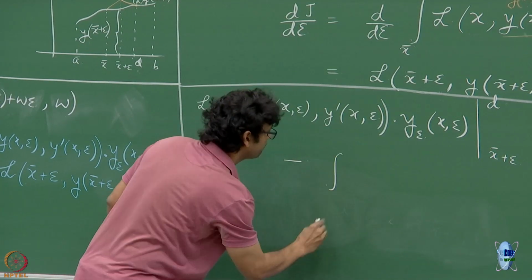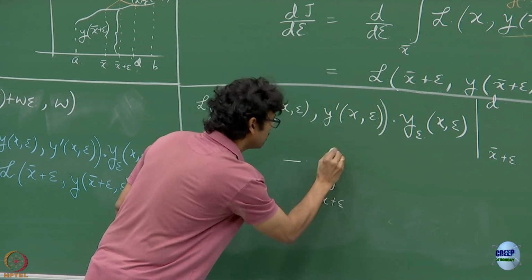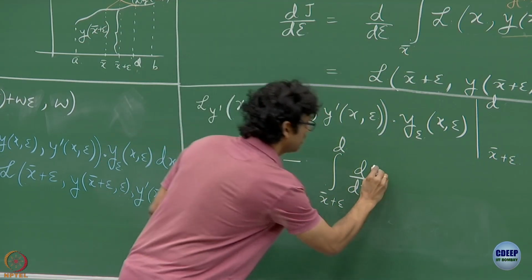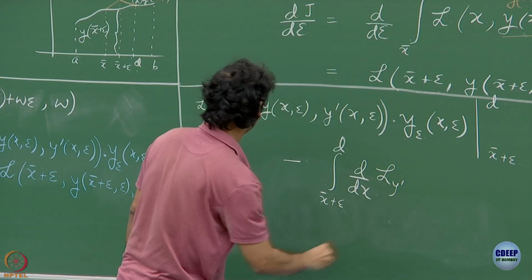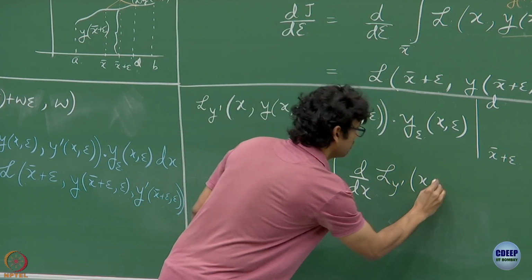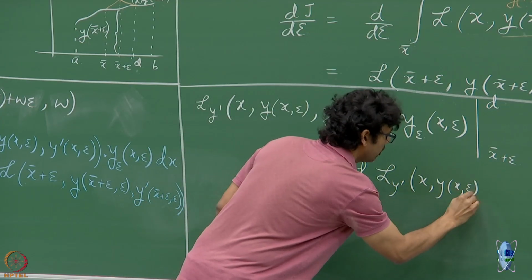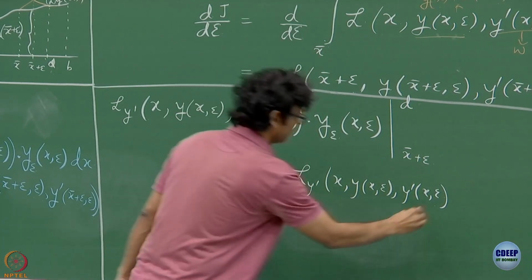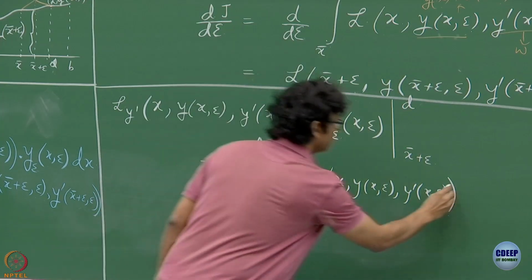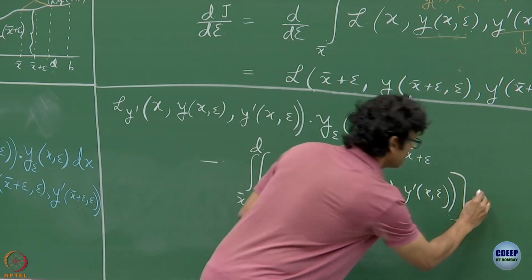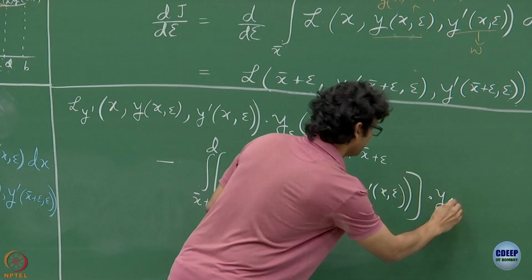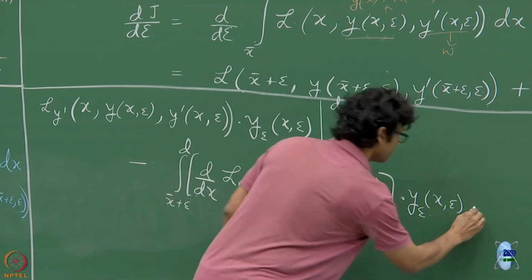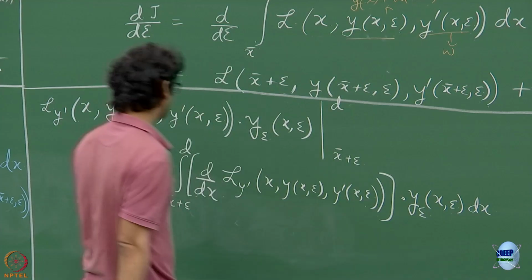So integration x bar plus epsilon to d of d/dx of L y prime x, y x comma epsilon, y prime x comma epsilon times y epsilon x comma epsilon dx.